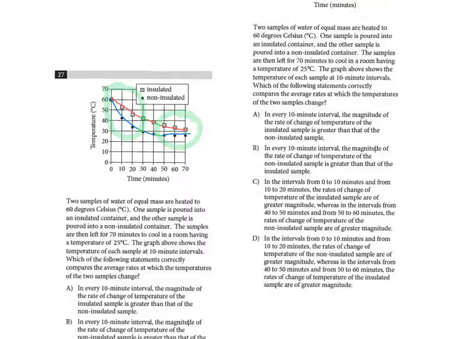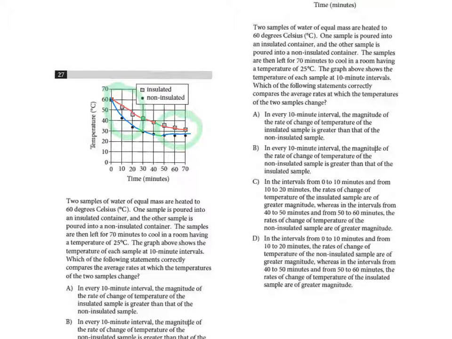C, in the intervals from 0 to 10 minutes and from 10 to 20 minutes, the rates of change of temperature in the insulated sample are of greater magnitude, whereas in intervals from 40 to 50 and from 50 to 60, the rates of change of the temperature in the non-insulated sample are of greater magnitude.